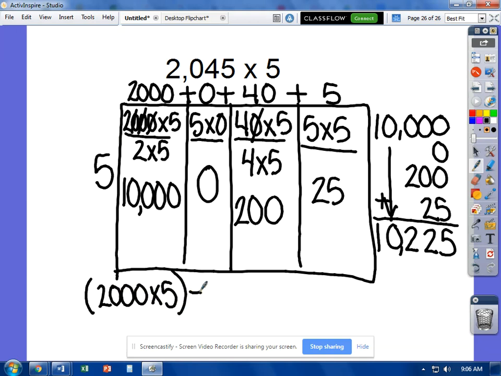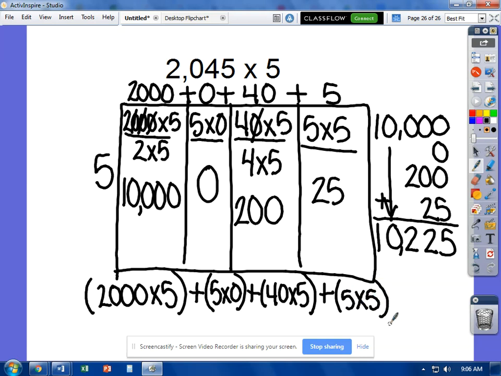And then I would add that to my second box, which would be 5 times 0, which I would add to my next box, which would be 40 times 5. And then my final box would be 5 times 5. So by writing it like this, I've written it as a distributive property, and it just makes it another way to kind of ask you to look for it.